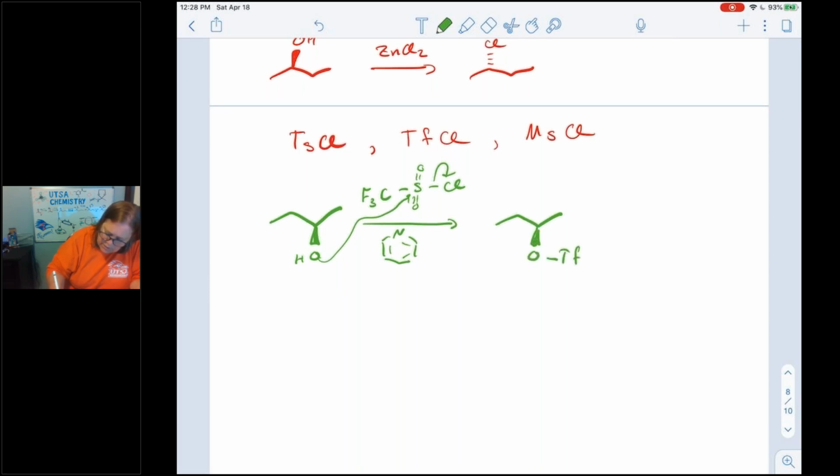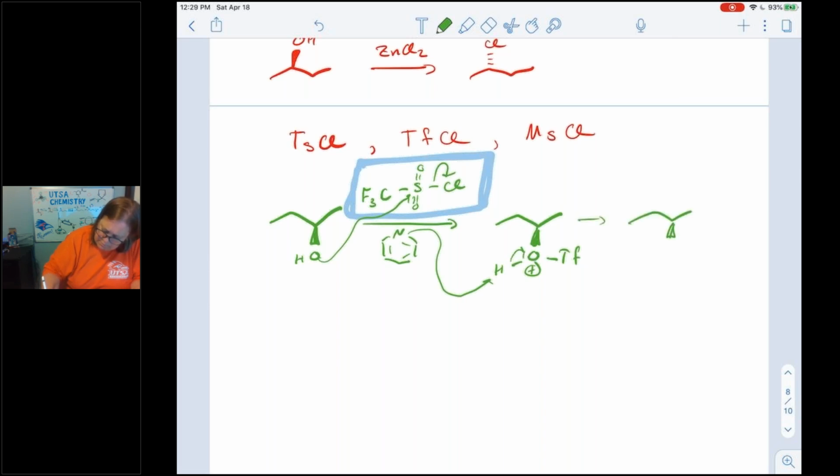At this point, you can go ahead and use the abbreviations, but you have to draw the structure for this step here. Once I know that you know the structure, feel free to use the abbreviations. Then I'm going to get this, and this reaction stops.